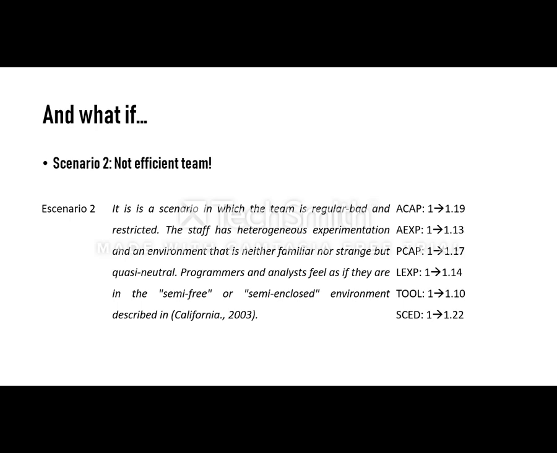The language used is not widely known by the programmers, and the team is not very efficient at managing the tools and following an established schedule. These variations are represented by increasing the values of the related factors, so most of them increase the nominal value, which was originally set to 1.